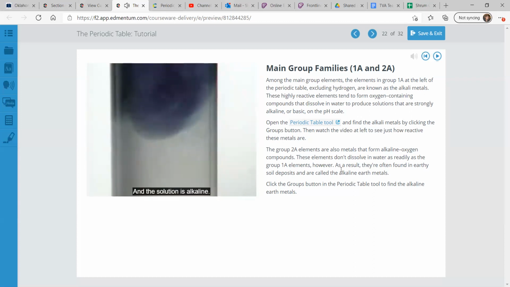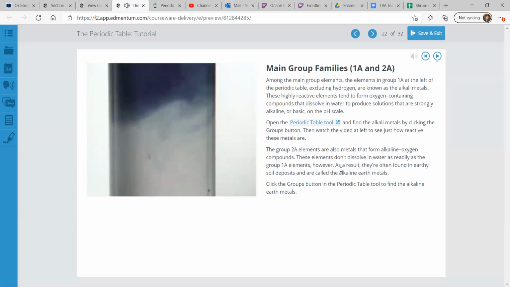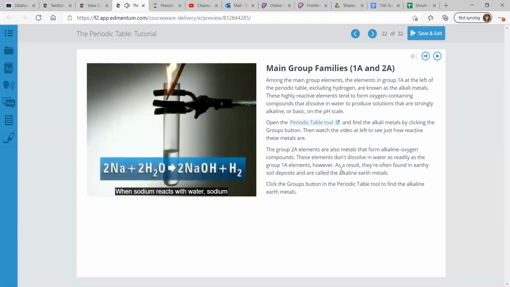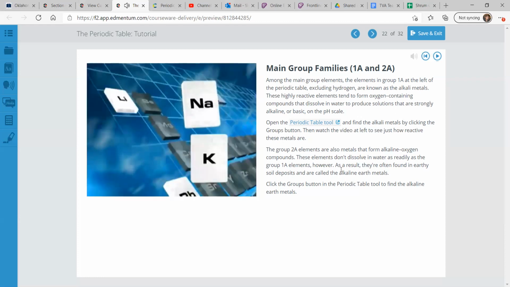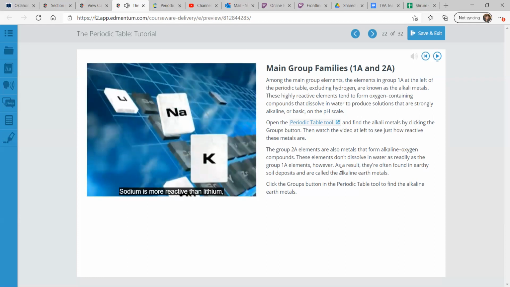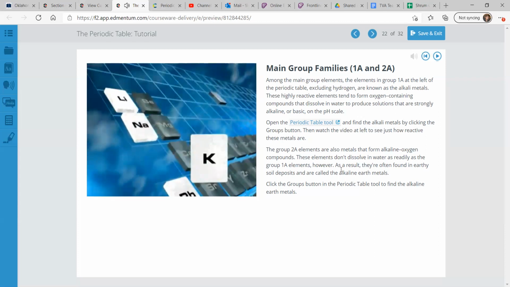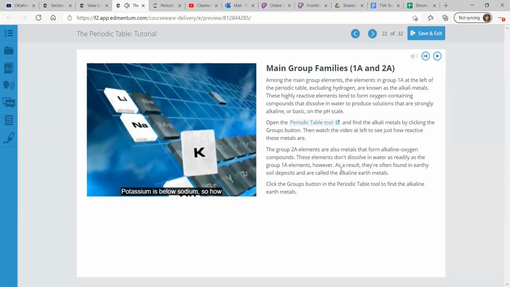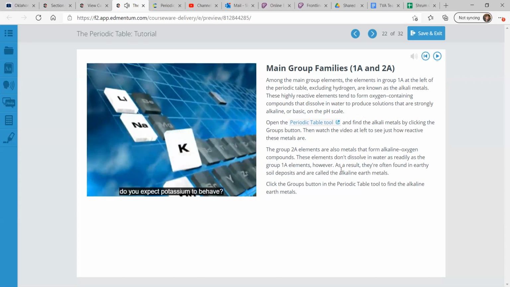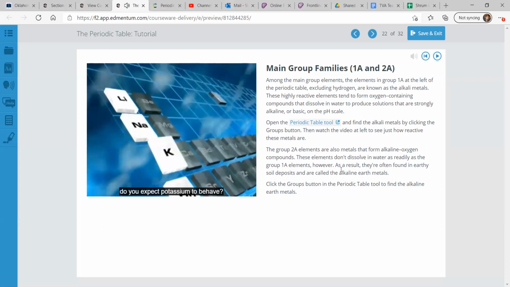And the solution is alkaline. When sodium reacts with water, sodium hydroxide and hydrogen are formed. Sodium is more reactive than lithium. It's below lithium in the periodic table. Potassium is below sodium. So how do you expect potassium to behave?